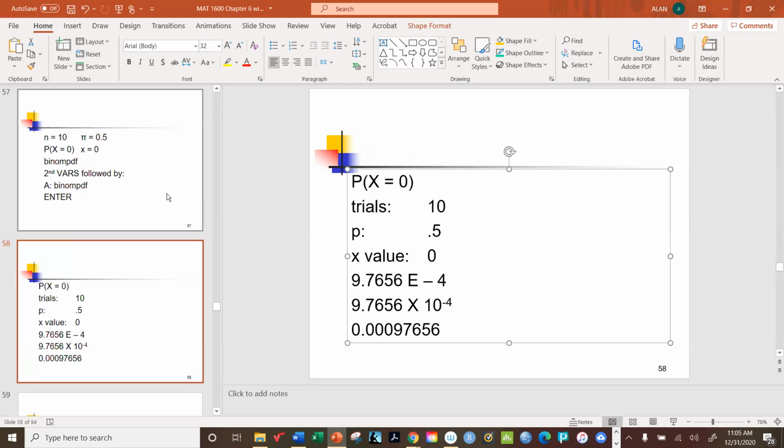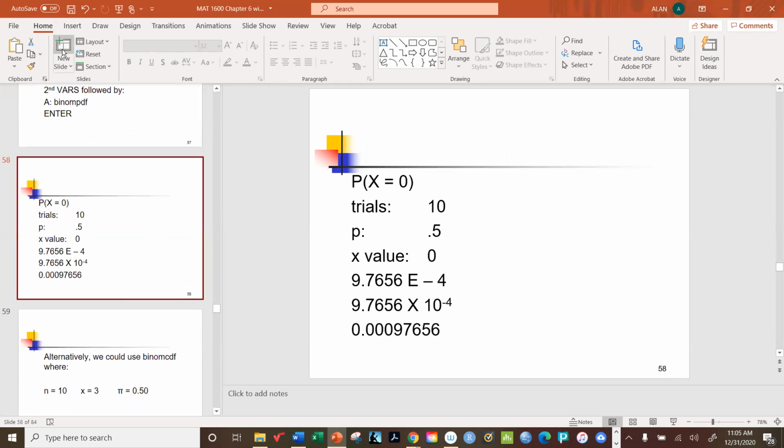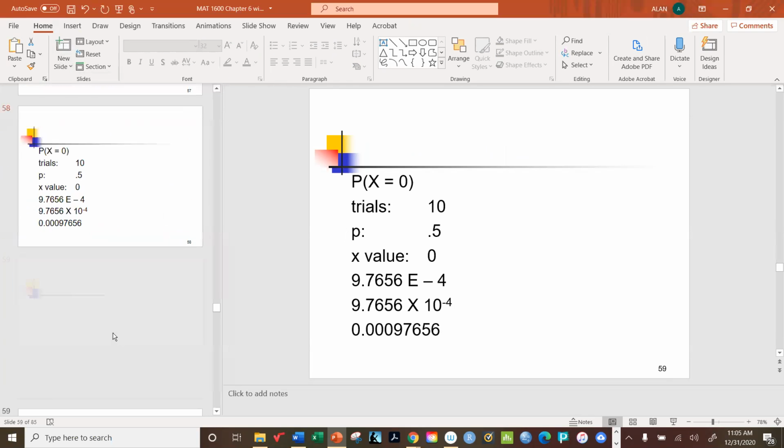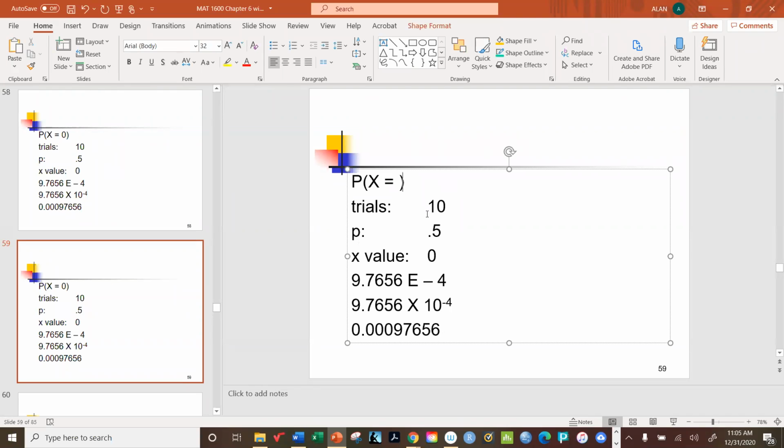What's good about this is that each time, you're only changing one thing, x. Go back to the calculator and change the x to 1. This time you're getting a somewhat larger number, 0.0098, let's say.